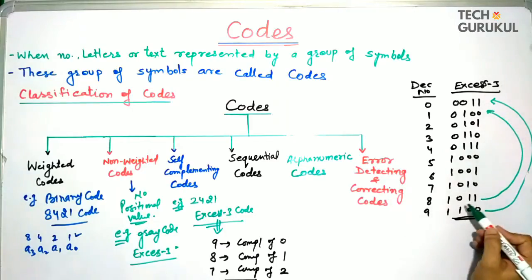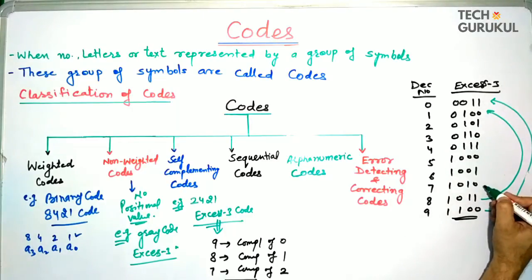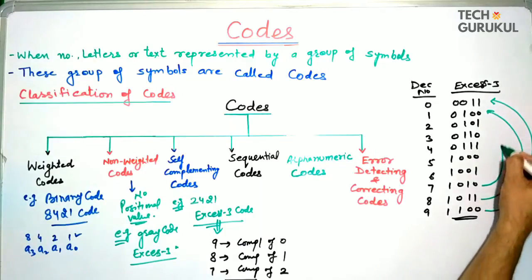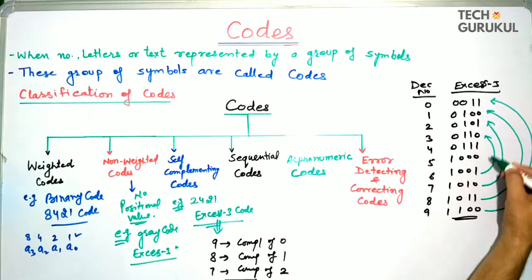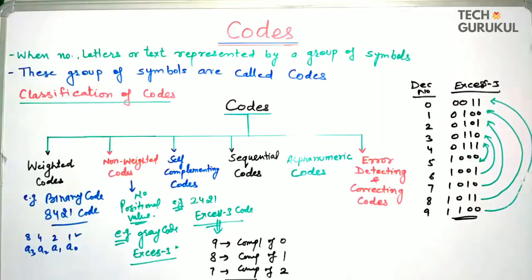This is the complement of 8. So 7 is the complement of 2, 6 is the complement of 3 and 5 is the complement of 4. We can see this is a self-complementing code. So the examples are 2421 and excess 3 codes.